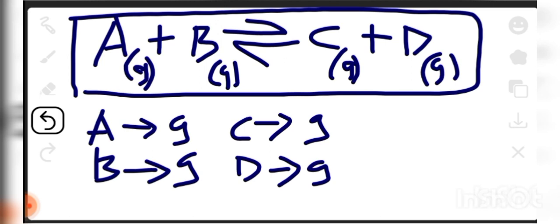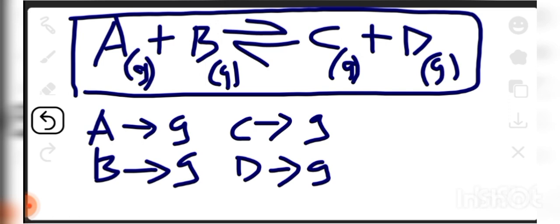Let's say A will be solid, B will be solid, C will be solid, D will be solid. It's also homogeneous. If all of them are in liquid state, it's also homogeneous. So when all the reacting species are in the same phase of matter, remember we have solid, liquid, and gaseous states of matter, so when everything is in the same phase, we call it a homogeneous reaction.